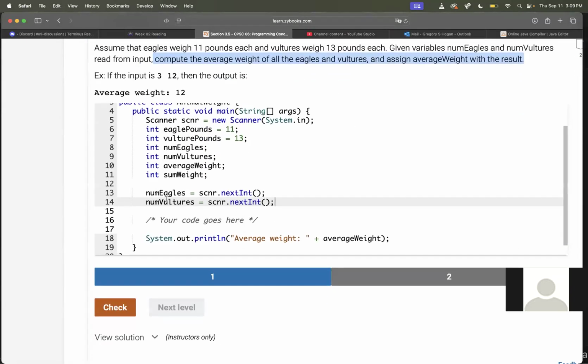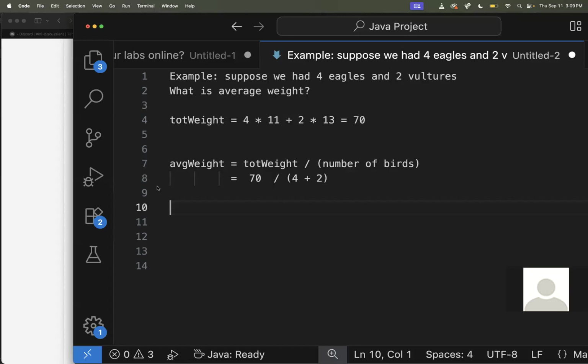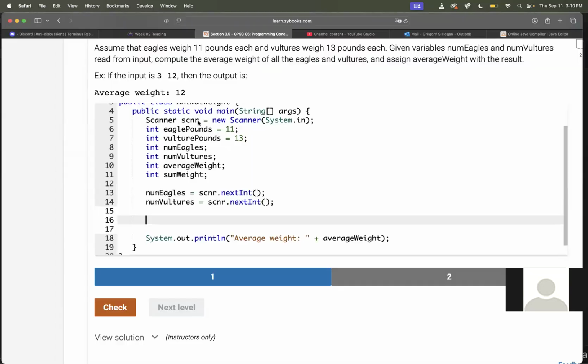So we have a number of eagles and a number of vultures. And what do we do next? Well, we need to know how much they weigh, right? Here I wrote total weight. Well, here I look at my variables just to see what they gave us, and I see that they have a variable called sum weight. So let's use that as our total weight. Sum weight equals. Now we need to add up the weight of all the eagles and vultures.